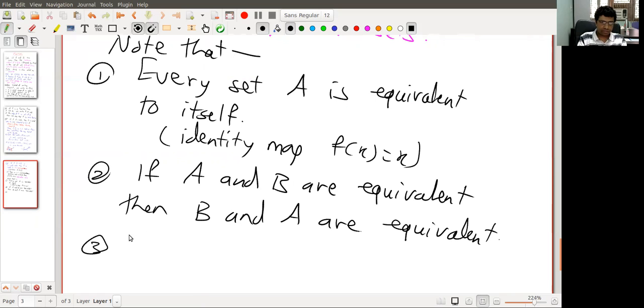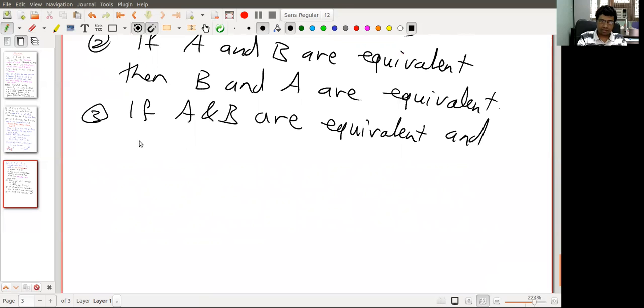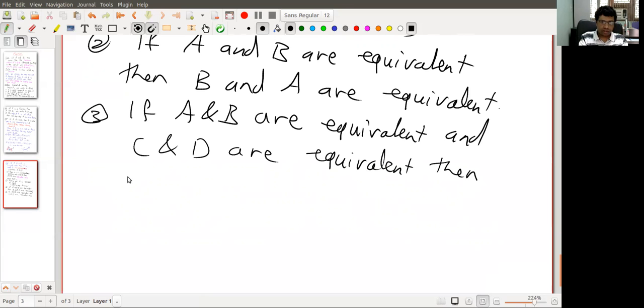Third thing, if A and B are equivalent and B and C are equivalent, then A and C are also equivalent.